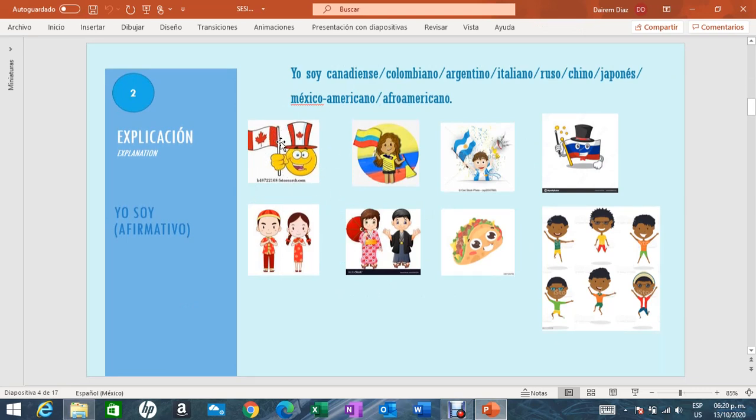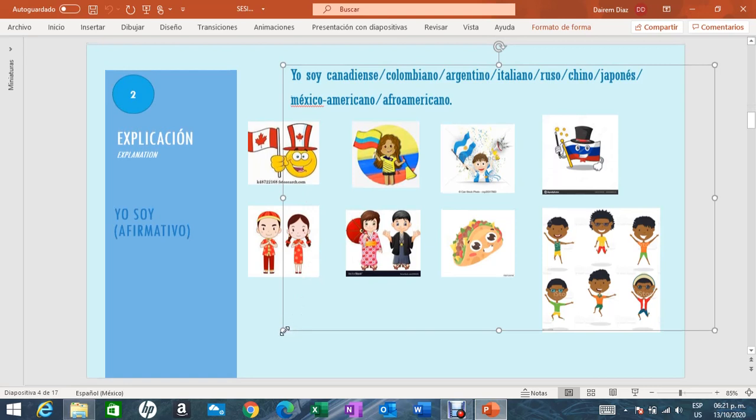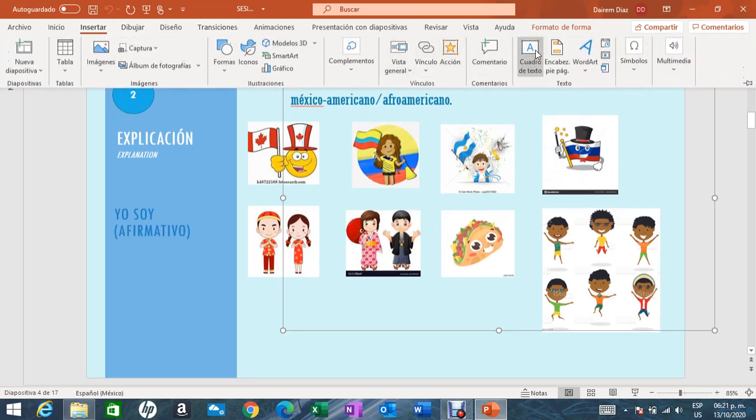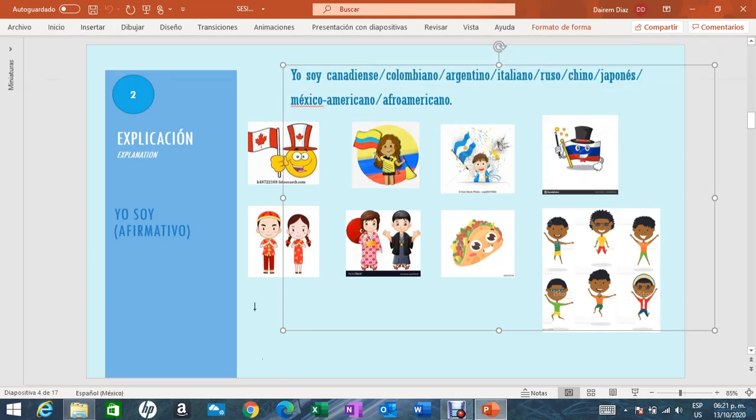Here we have the Canadian flag, emoticon or emoji with a hat from Canada, so we can infer that this guy is Canadian. So I would say something like insertar cuadro de texto here.